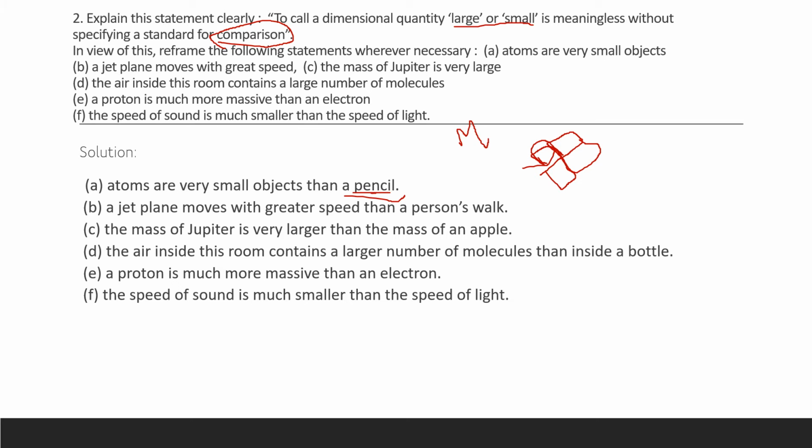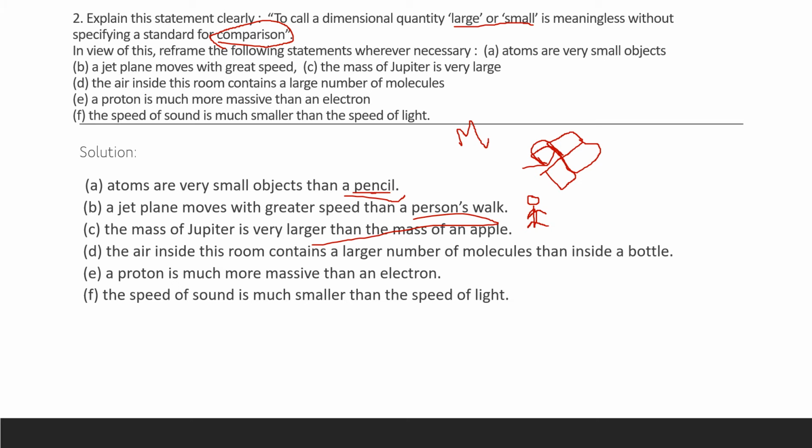Second one, a jet plane moves with great speed. I have given it here as: a jet plane moves with greater speed than a person's walk. Looking at us, we cannot walk very fast compared to a jet plane, isn't it?